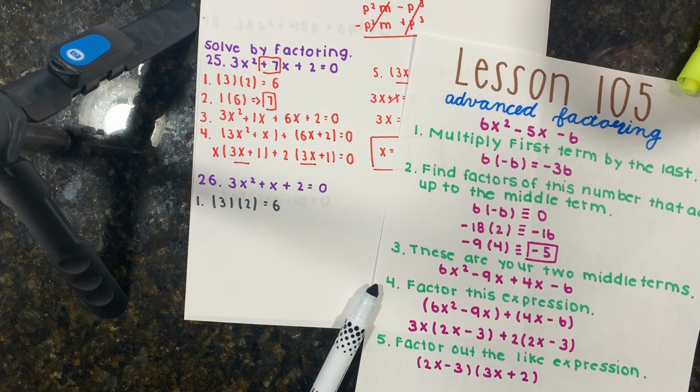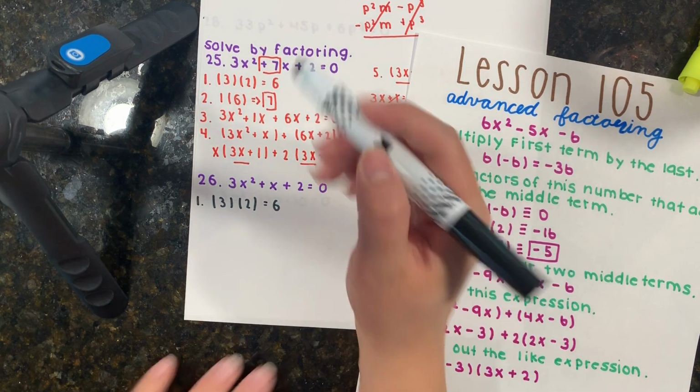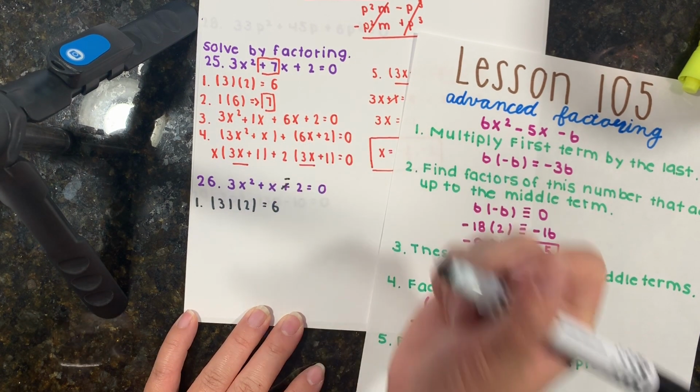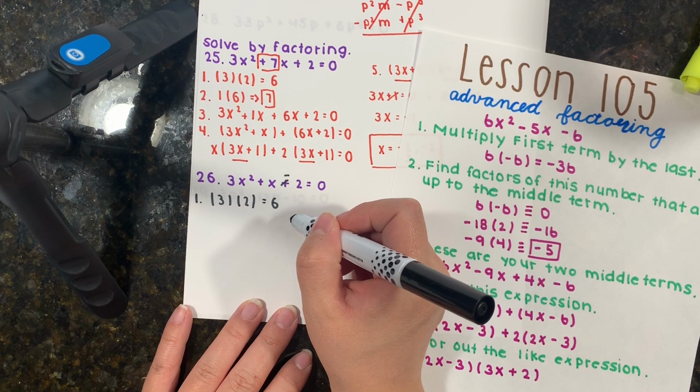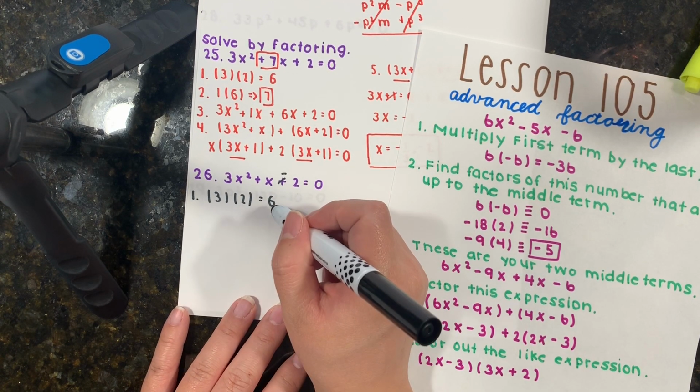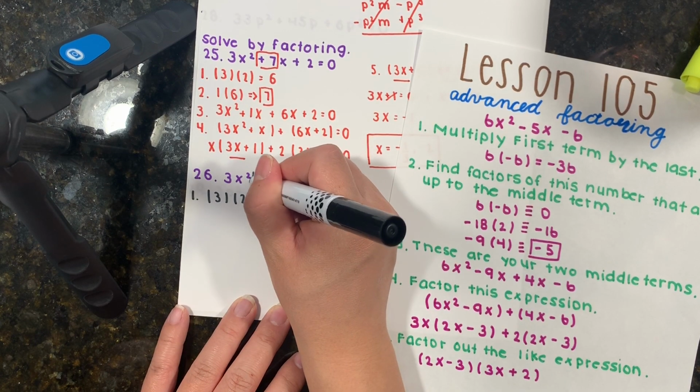And I need to make sure that I wrote this down correctly. So this should be a -2, my bad. So these numbers need to be able to add up to +1.